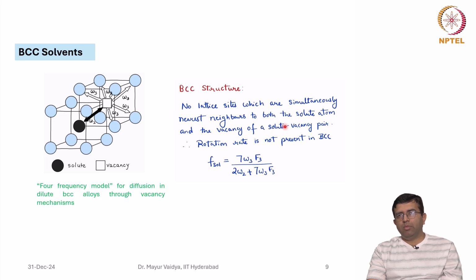I leave it as a take home exercise for you to prove that in the FCC case the rotation term was there because there were lattice sites which are nearest neighbors to both the solute and the vacancy. Whereas here in the BCC structure, that is not possible. So try it for yourself, why only four frequencies are required in the case of BCC.